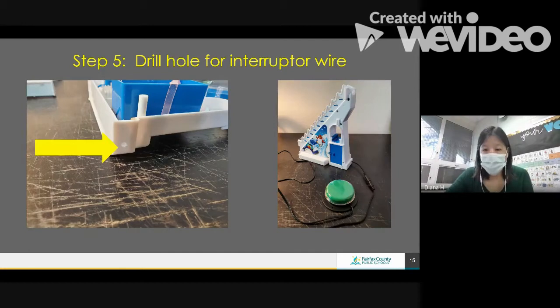It's important, when deciding where to drill a hole, to think about how you want your child or student to access the toy that you are adapting. Things to keep in mind: the hole should be close to where you want to wire the toy.